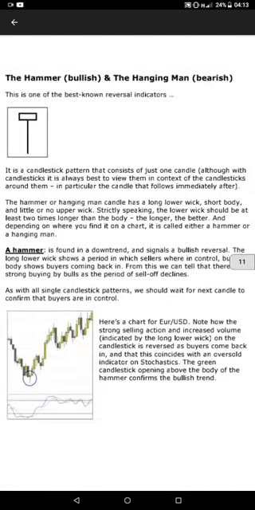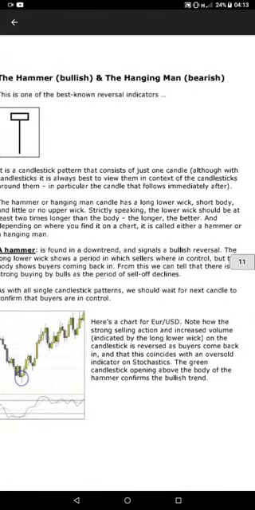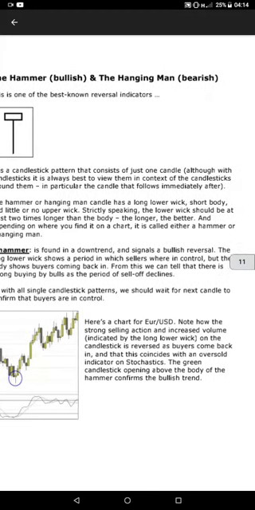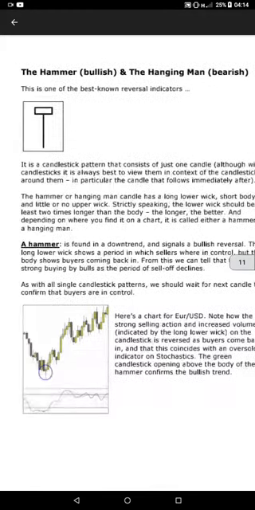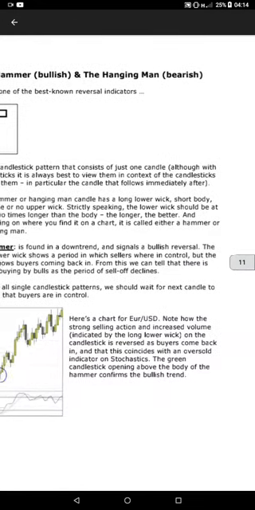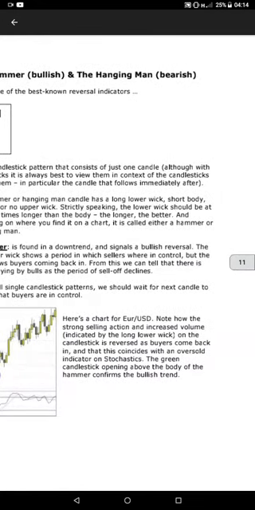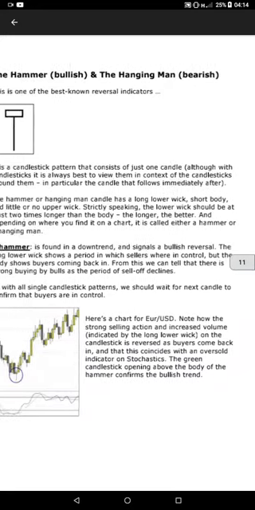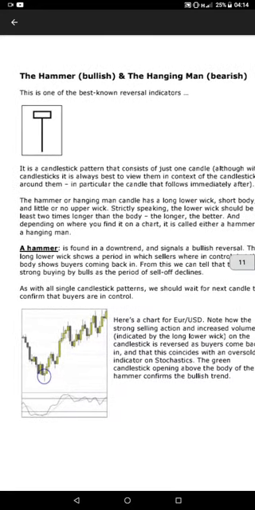The long lower wick shows a period in which sellers were in control, but the body shows buyers coming back in. From this, we can tell that there is strong buying after a period of selling or declines.